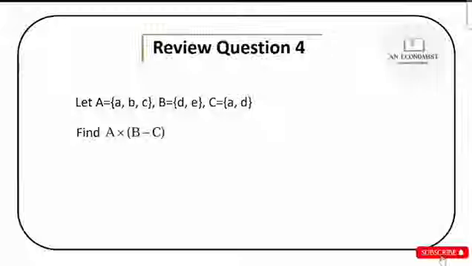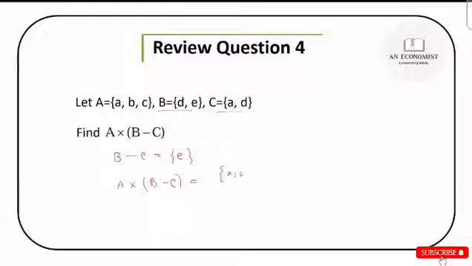Now let's do this question. A cross B minus C. So find B minus C first. What will that be? In B we have D, E, in C we have A and D. So D is the common element that will go away. So in this set we have only E, right? Now take the Cartesian product of this.